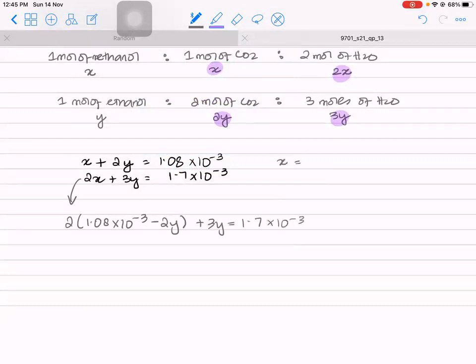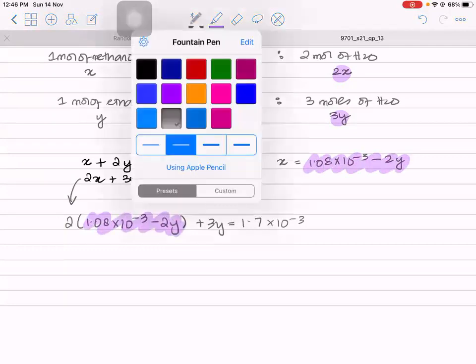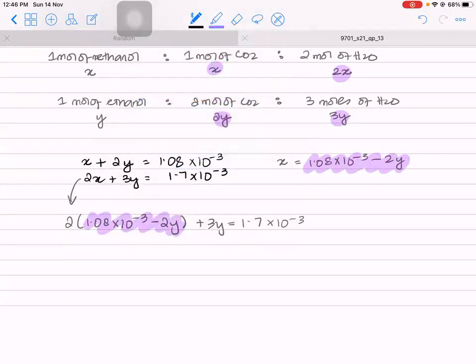I made x equal to 1.08 × 10^-3 minus 2y, and then substituted that here. So this comes in place of x in my second equation, and using this, I can find the value of y. You calculate all of this, and the value of y comes out to be 4.6 × 10^-4 moles.